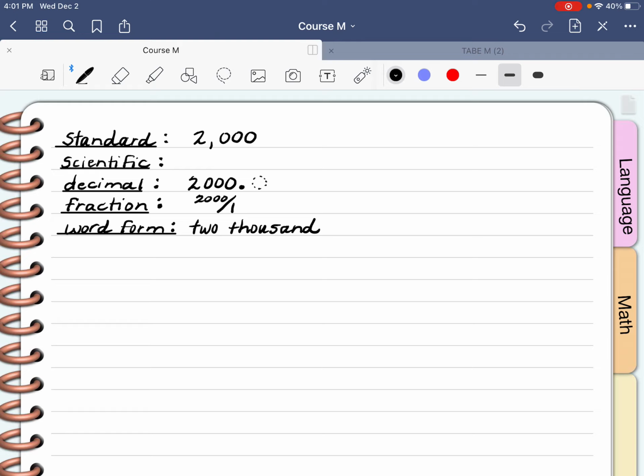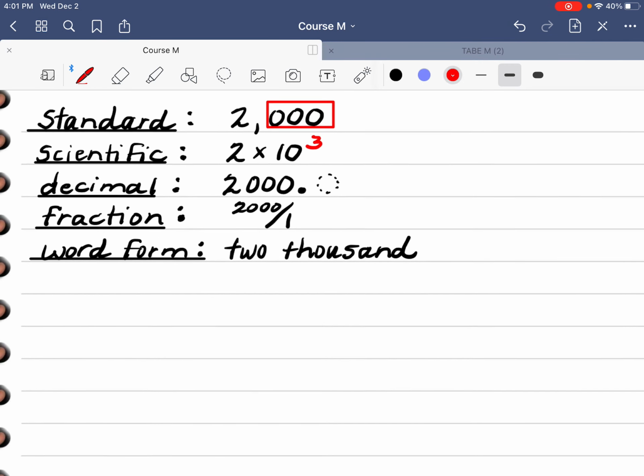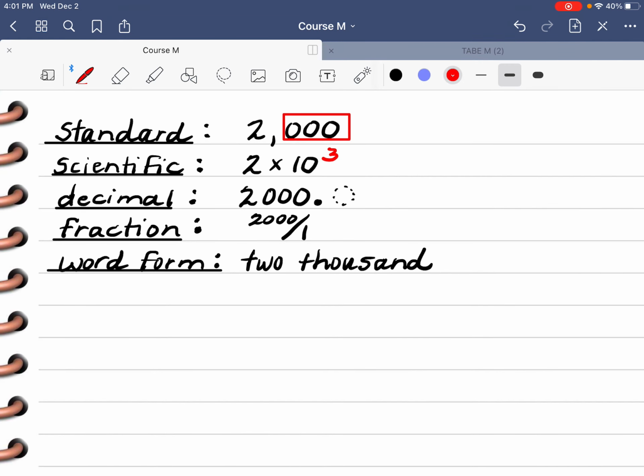Scientific is going to be 2 times 10 because our number system is based on tens to the third power because there are 3 zeros. Those zeros are not after a decimal, so it's not a -3, it's a +3. And there are the forms for 2,000.